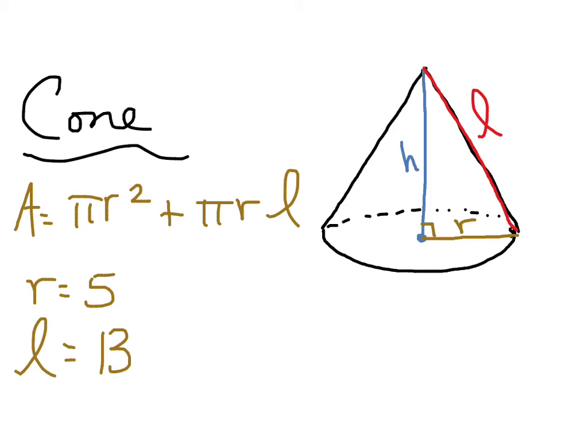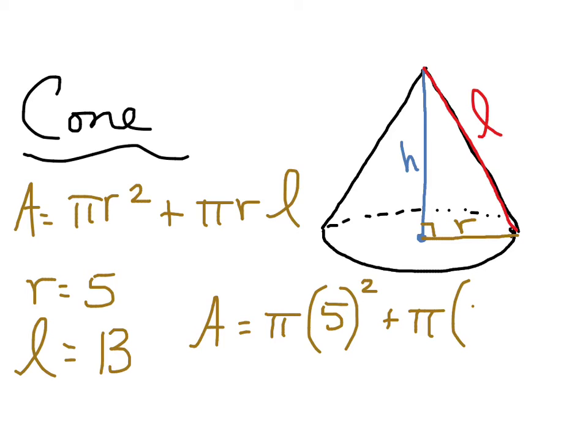So, again, pi times, what's the radius? Squared plus pi, and then the L would be 13.